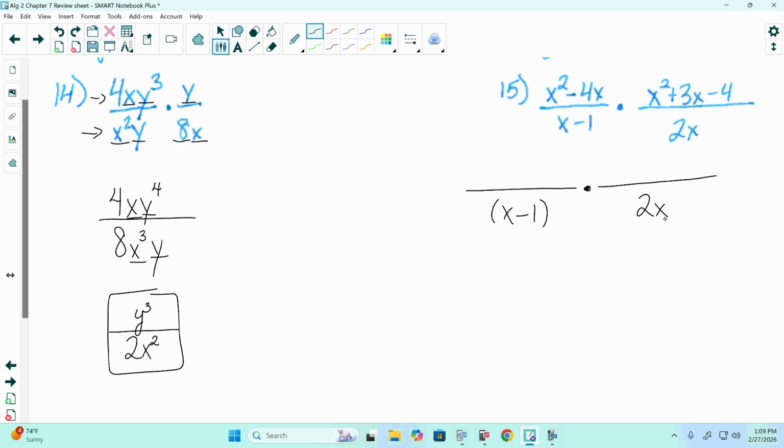There's nothing else we can do about those. X squared minus 4x has the greatest common factor of x. If we factor that x out, x squared becomes x, 4x becomes 4, telling us we have x times x minus 4. After doing that, it does decrease the degree to 1, so that is as simplified as it gets. Nothing else that we can take out of both terms.